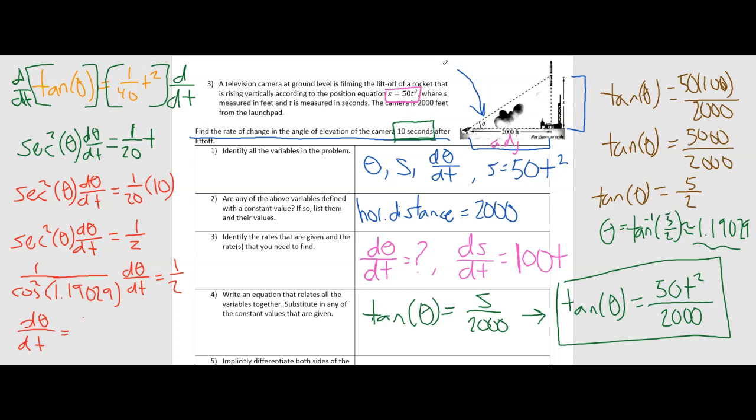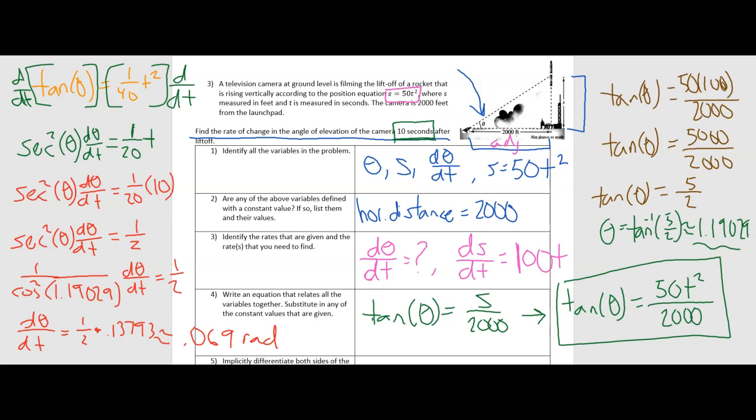I'm going to simplify cosine squared of that number, which gives me 0.13793, which is approximately 0.069 radians per second.